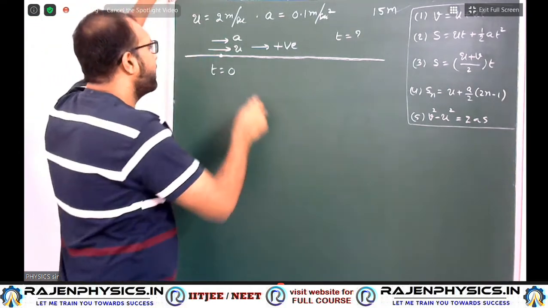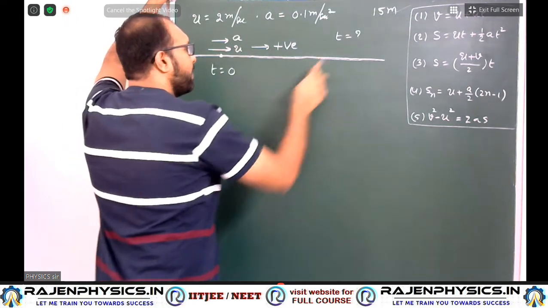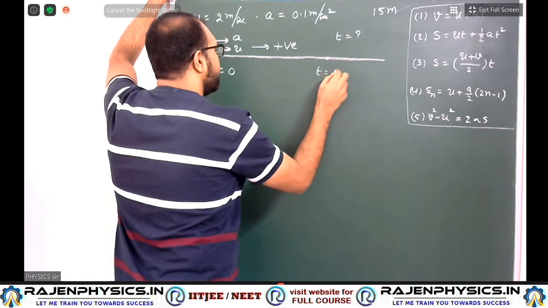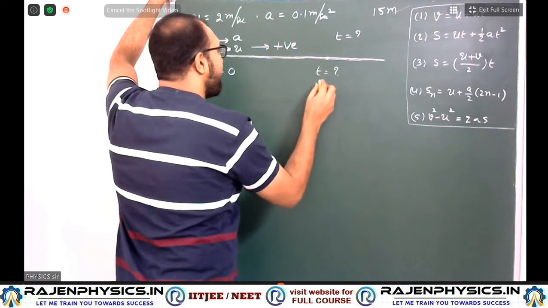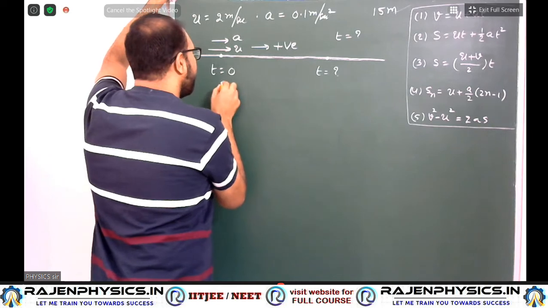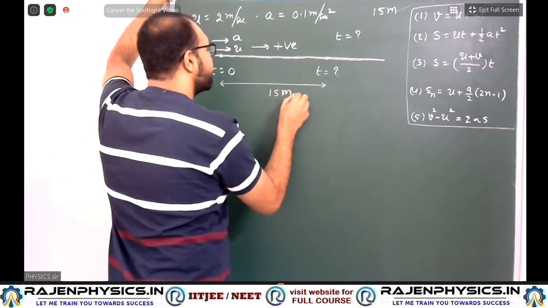Now at t equal to 0 it started. The question is, after how much time? This is the time, question mark. The particle is 15 meters away, means from here to here is 15 meters distance.